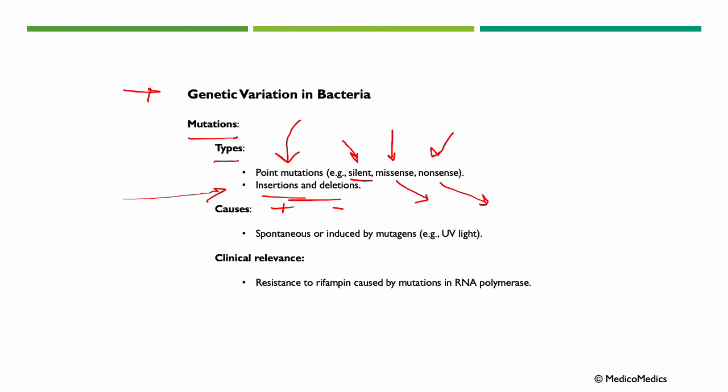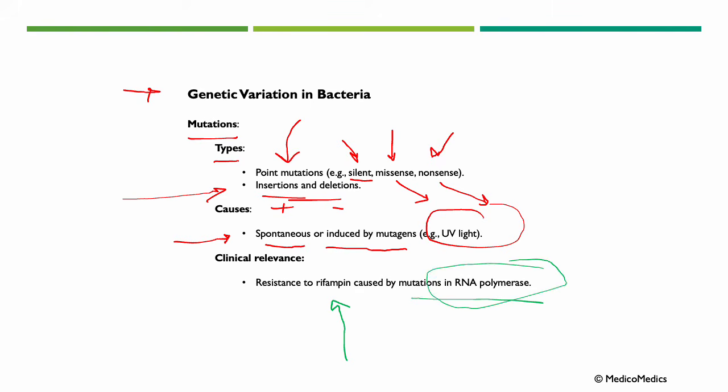And causes of these changes could be spontaneous or induced by mutagens like UV light. So, for example, resistance to rifampin could be caused or is caused by mutations in RNA polymerase.